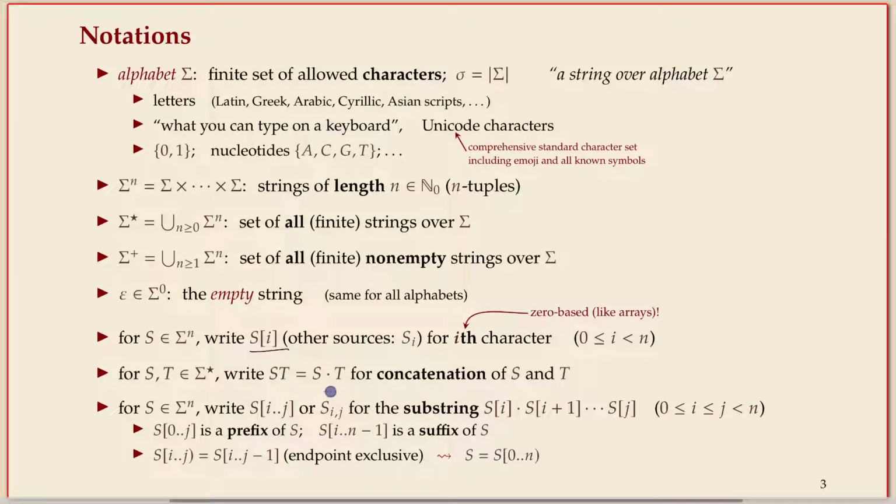Now, it's a little unfortunate that in math terminology, the dot as multiplication is what people predominantly write for concatenation. This comes from group theory, and that people thought about strings as the free group over the alphabet and so on. And so the natural symbol for groups there is multiplication, not plus.